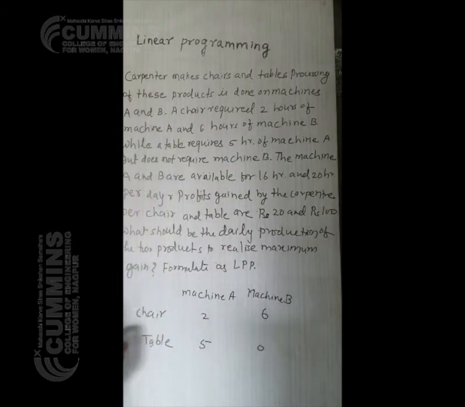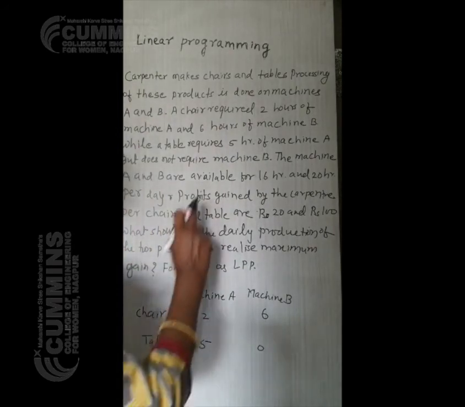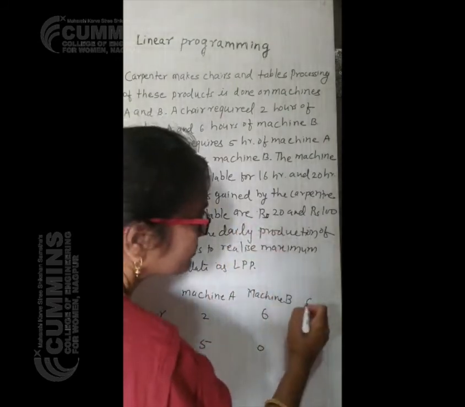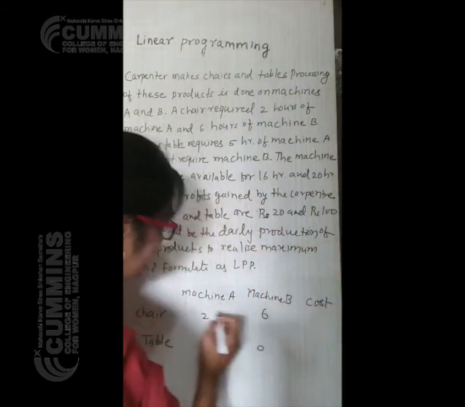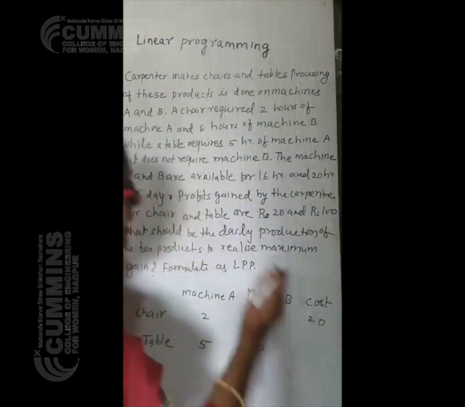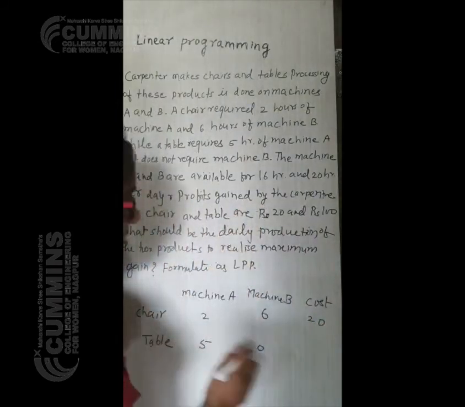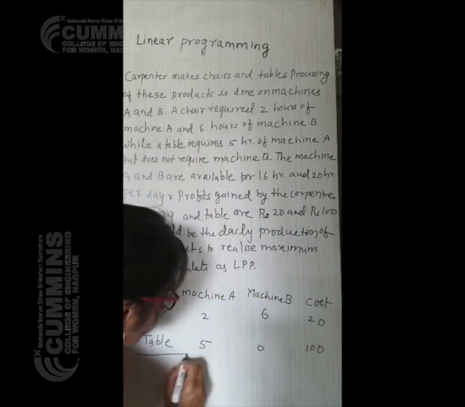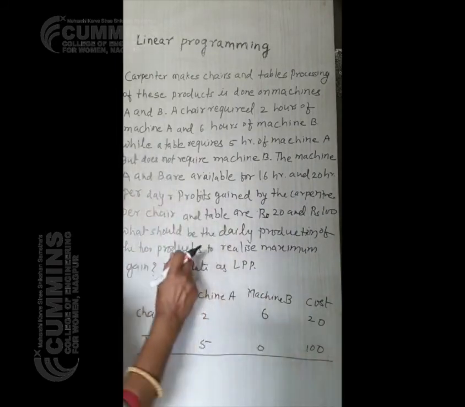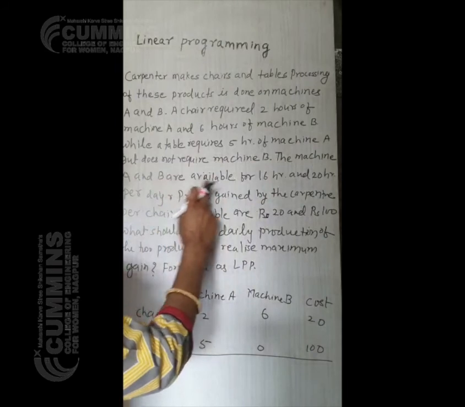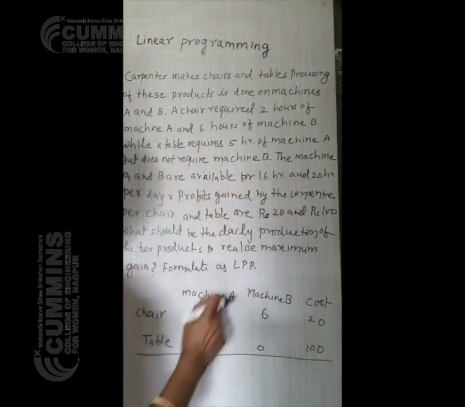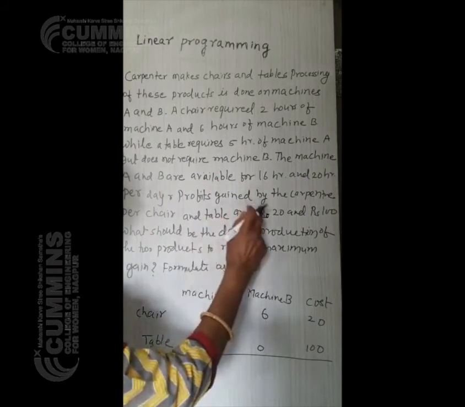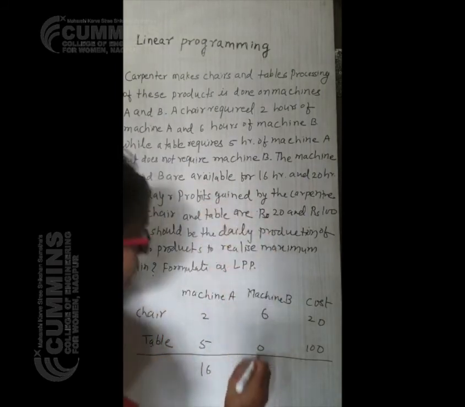And again, here it is given that the cost of a chair is rupees 20 and the cost of a table is rupees 100, and the total availability of the machines: machine A is available for 16 hours and machine B for 20 hours.